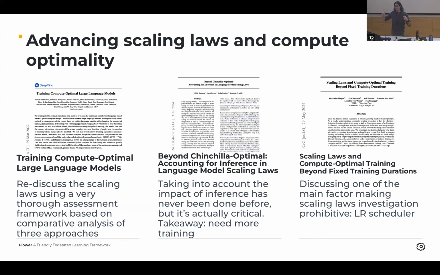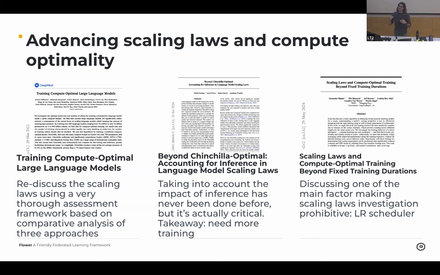They use three different approaches to investigate one hypothesis, and they demonstrated that all these three approaches are pointing in the same direction. And when this is the case, you have very robust results, right? And they changed the scaling law a little bit. All the coefficients that I showed you in the tables before were changed a little by this Chinchilla optimum.